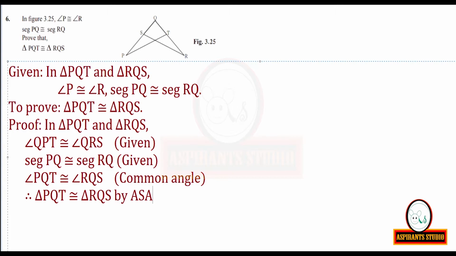Hence we prove that triangle PQT is congruent to triangle RQS.